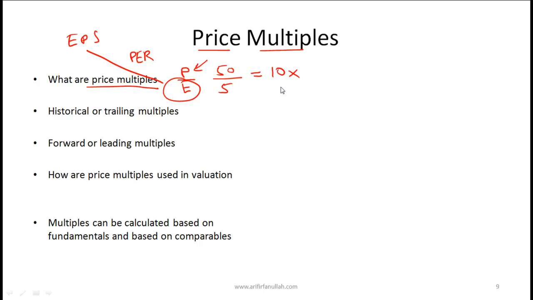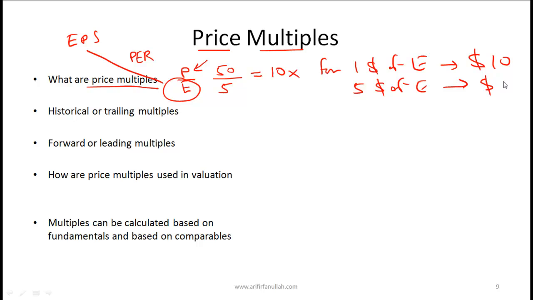As a quick interpretation, what this essentially means is that for $1 of earnings, the market is willing to pay $10. So the PE ratio represents how much a share is worth per dollar of earnings. So in our example, that means that for $5 of earnings, the market is willing to pay $50. So that is a quick interpretation of the most commonly used price multiple, which is the PE ratio.